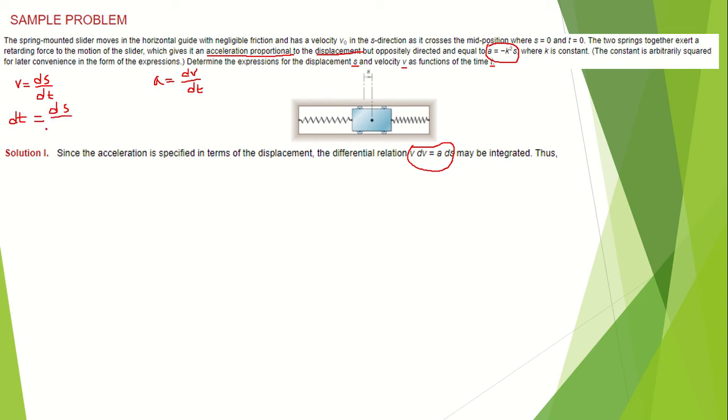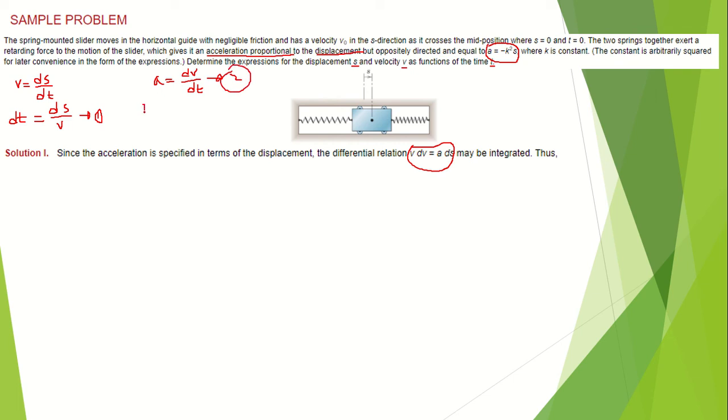Now, let's call this equation 1, and let's call the other equation, a equals dv over dt, equation 2.